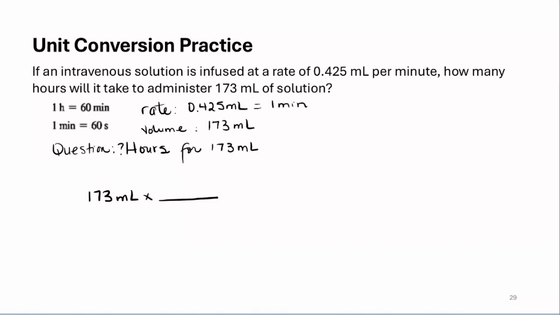Since the units of 0.425 milliliters match the unit for the volume, that's going to be placed in the bottom of the fraction. So we're going to write 0.425 milliliters in the bottom. And then on the top, we're going to write what it equals to, meaning 1 minute.